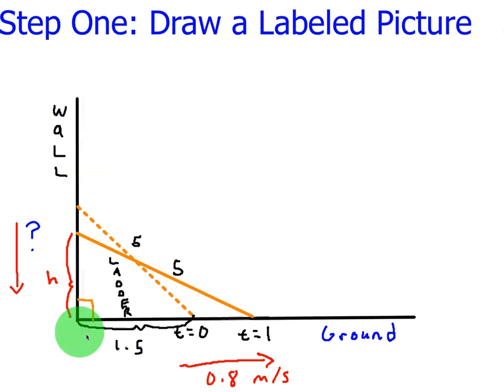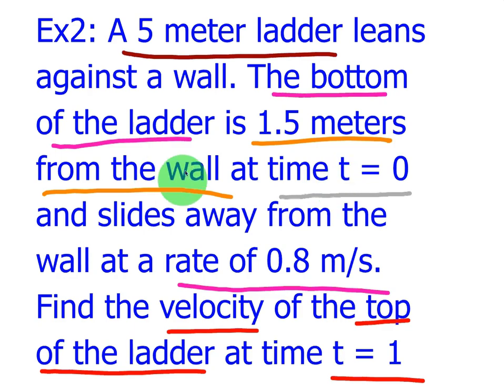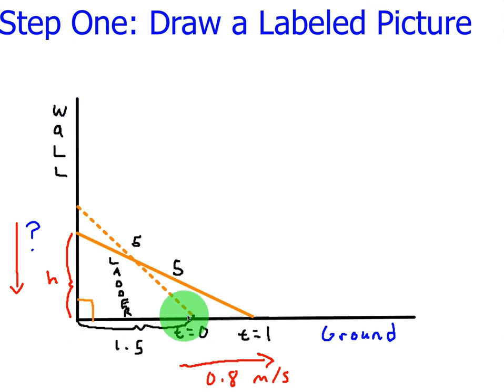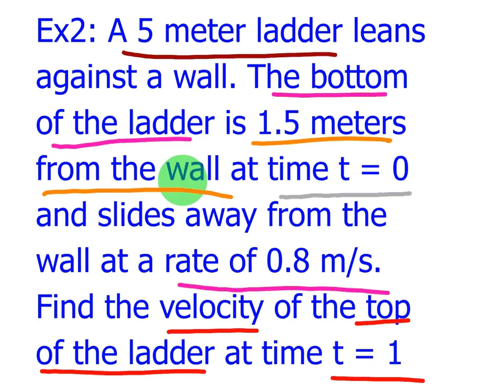Here's our wall and here's the floor or the ground. When the ladder is first leaning, at time t equals 0, it told us that it was 1.5 meters from the wall. So here's the bottom of the ladder. It's 1.5 meters from the wall, okay? And the ladder is 5 meters long.